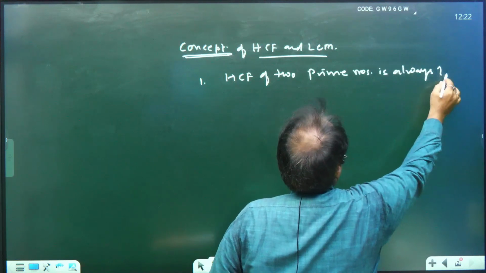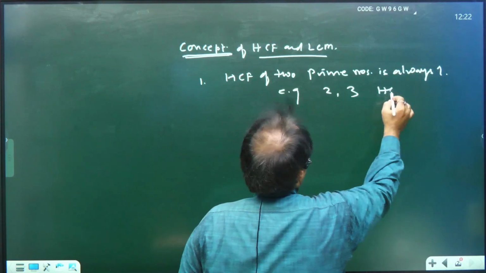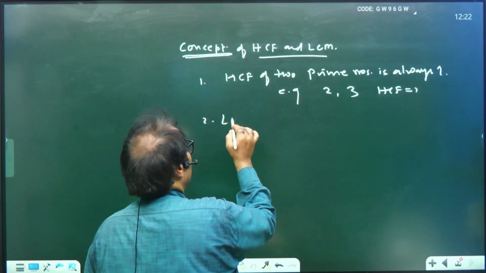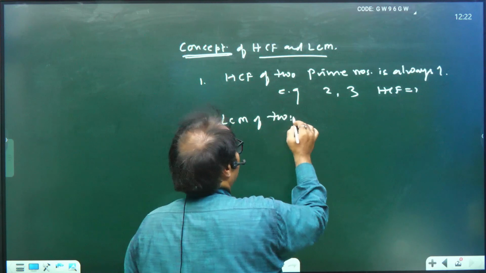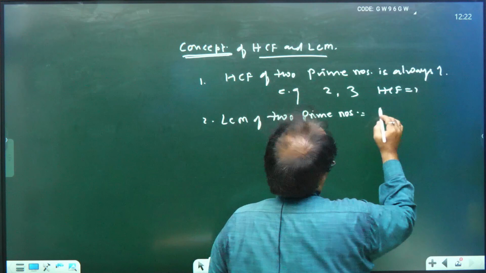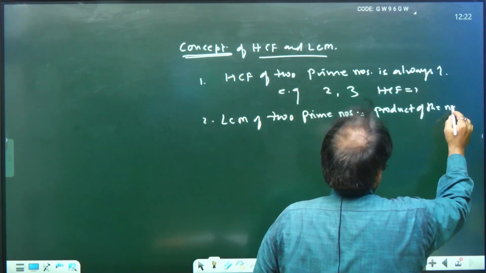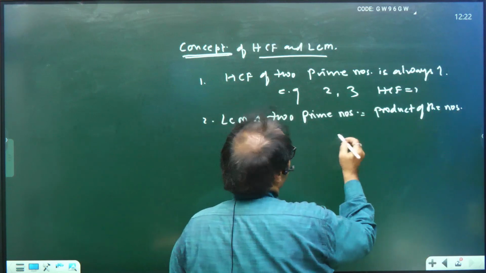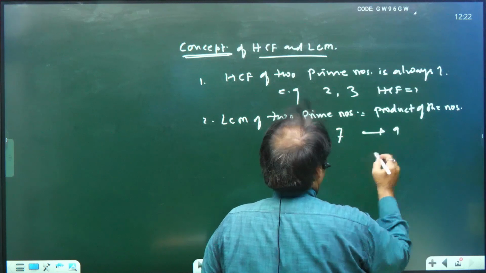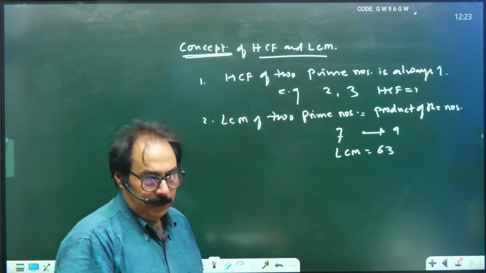For example, if the numbers are 2 and 3, of course the HCF will be 1. And the LCM of two prime numbers will be equal to the product of the numbers. If one number is 7 and another is 9, the LCM will be the product of 7 and 9, that is 63, right?